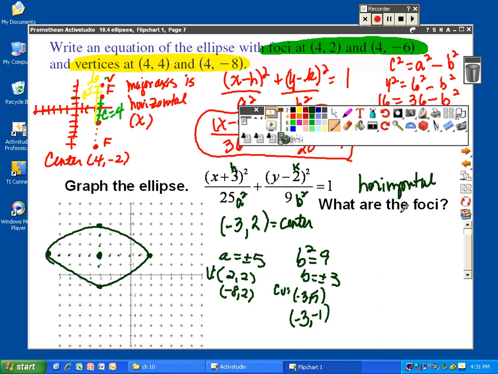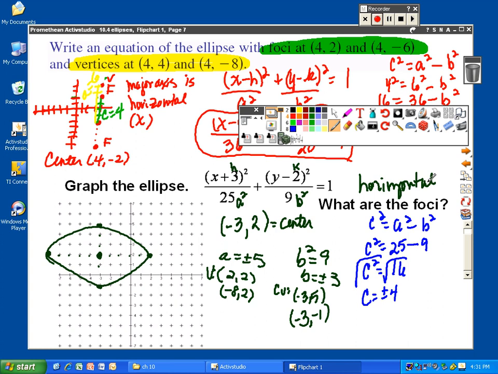So I know that c squared equals a squared minus b squared. So c squared will equal a squared was 25 minus b squared is 9. C squared will equal 16. Square root it. C will equal plus or minus 4. Plus or minus 4 off of the major axis, horizontal. Plus or minus 4 on the x value h of my center.